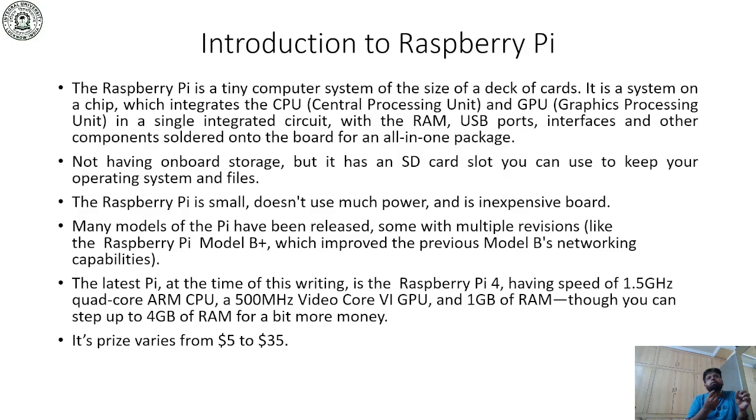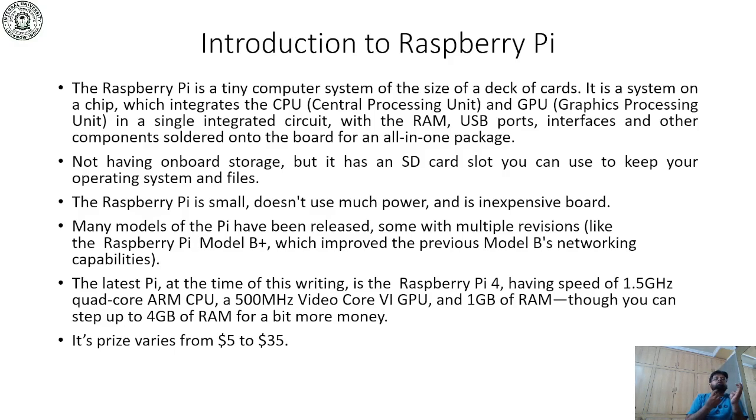You can put the SD card in that slot, but before putting in the SD card you must install the operating system on it. Flash the operating system onto the SD card, then put that SD card into the given slot of the Raspberry Pi, and after that the Raspberry Pi will boot with the operating system that you have put on the SD card.